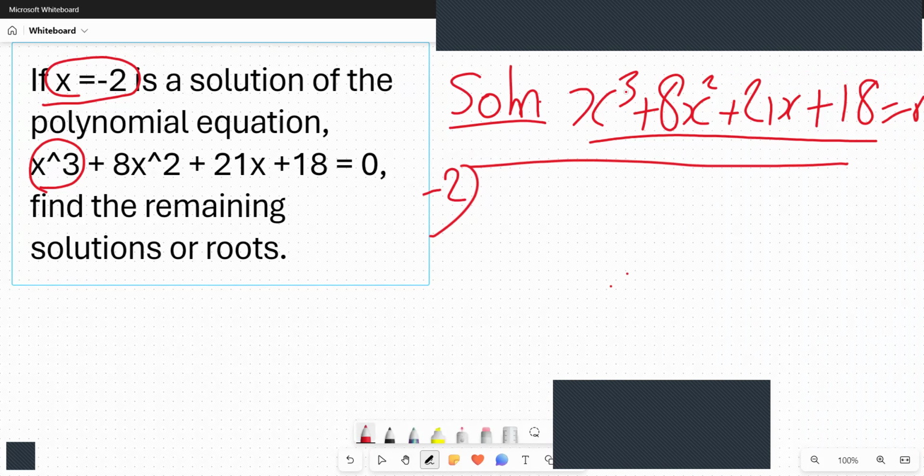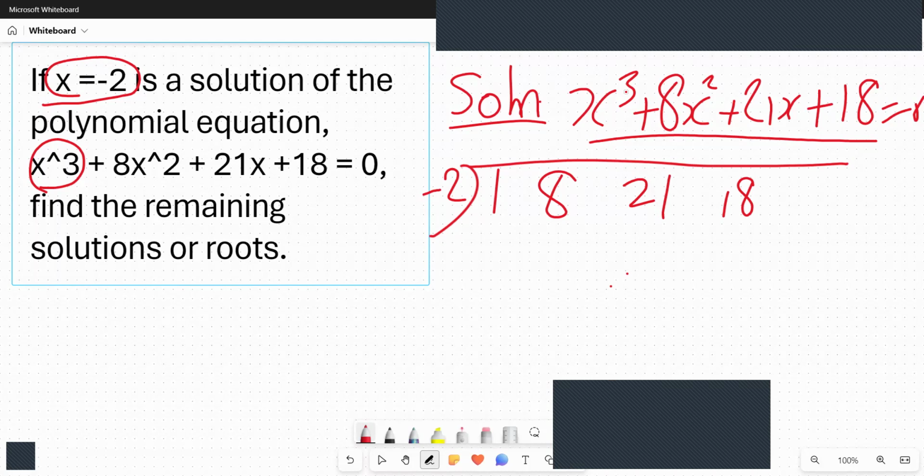The polynomial is a third-degree polynomial, and I have all the missing data. The coefficient of the first one is 1. Coefficient of the second one is 8. Coefficient of the linear term is 21. The coefficient of the constant term is 18.